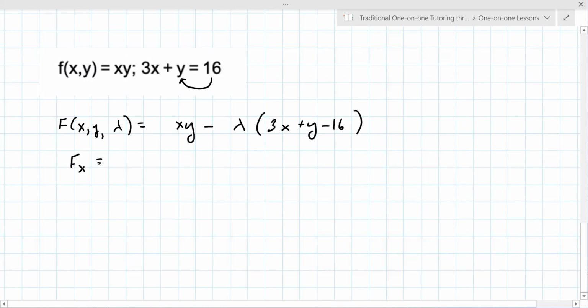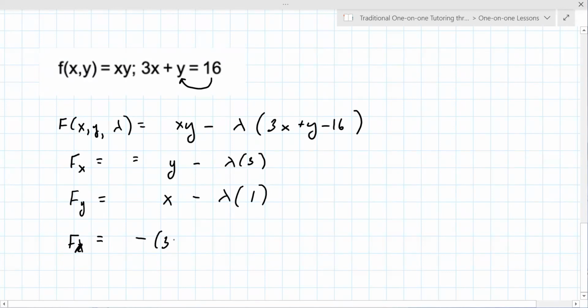You take fx, and that's y minus lambda times 3. Fy is x minus lambda times 1. And then f lambda, not z. F lambda is minus (3x plus y minus 16) equals 0.